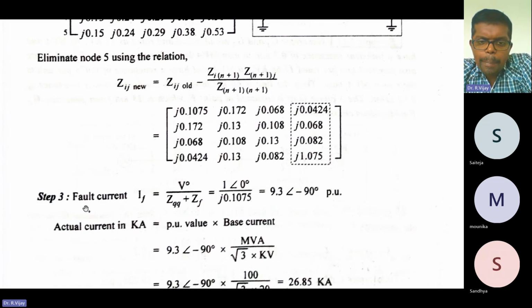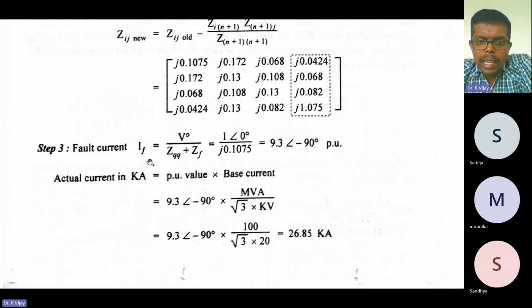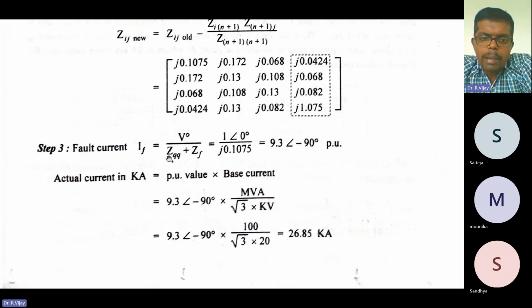Next, step number 3. In step number 3, we need to calculate the fault current. Fault current IF is equal to V naught divided by ZQQ plus ZF. So V naught, the initial value, is 1 at the angle of 0 degrees, divided by ZQQ.